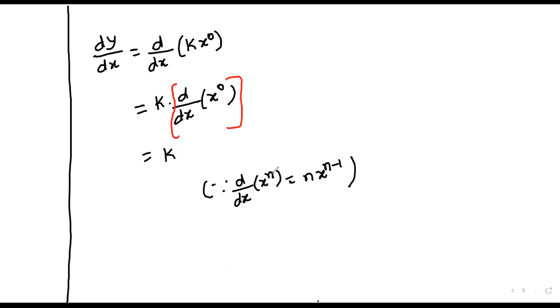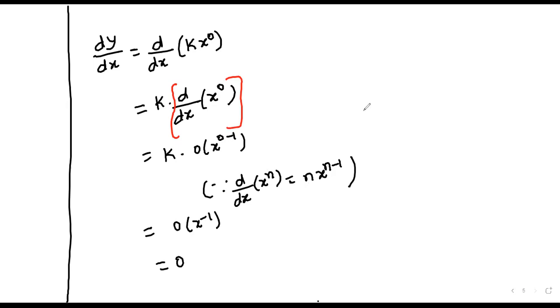So instead of n, we have 0. I can write it as 0 times x power 0 minus 1. So k into 0 means 0, so 0 times x power minus 1, which is nothing but 0.